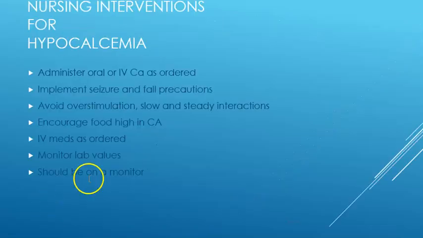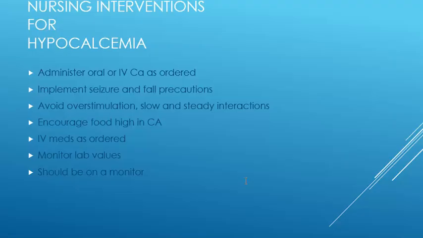Let's see, your nursing interventions for hypocalcemia. Of course, you're going to give oral or IV calcium. You're always going to implement seizure precautions as well as fall precautions. You want to keep the room as quiet and cool as possible. You don't want any overstimulation.